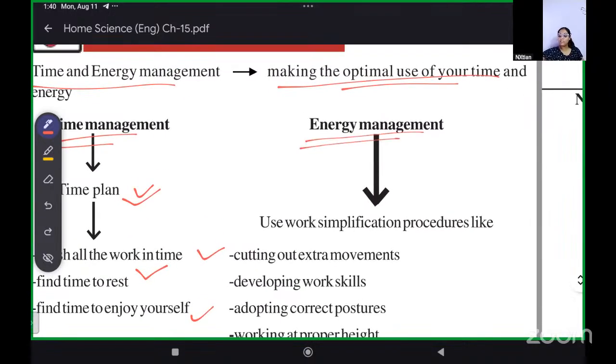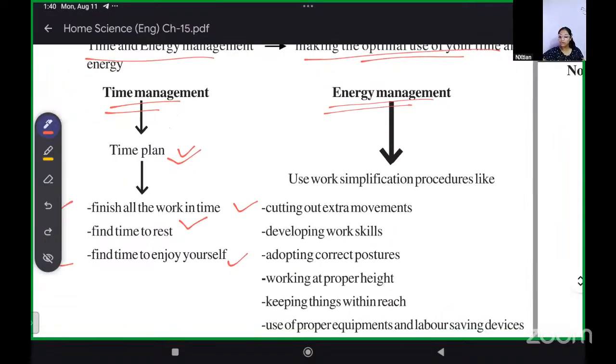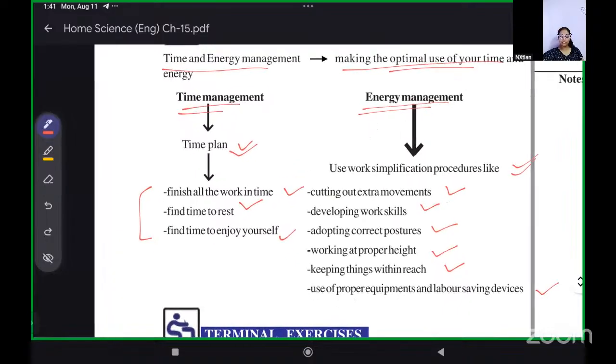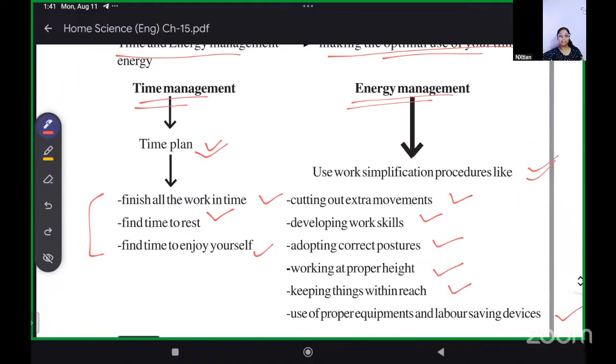In that we saw we can simplify the work by cutting out extra movements, by developing work skills, adapting correct postures, looking at proper height, keeping things within reach, and use of proper equipment and labor saving devices. This is all about the chapter in summary.